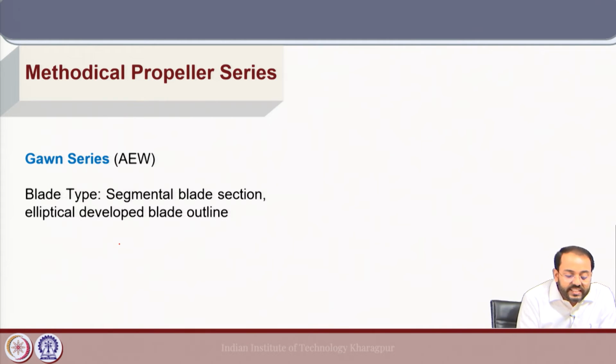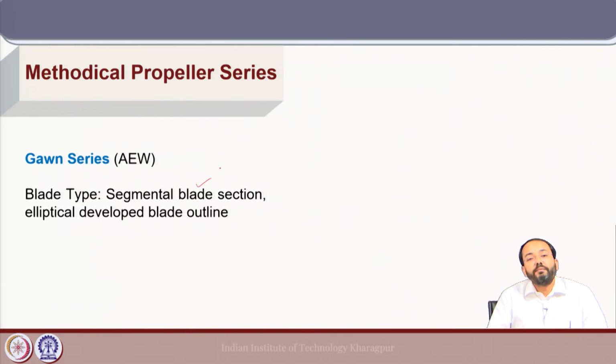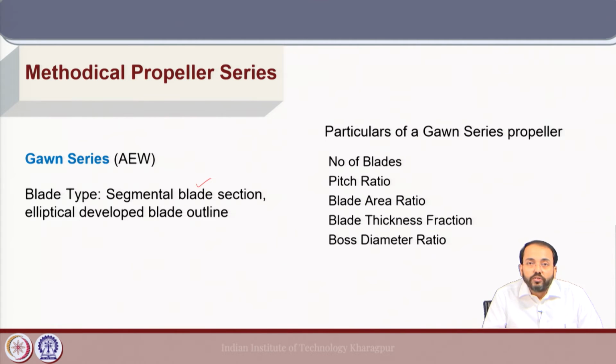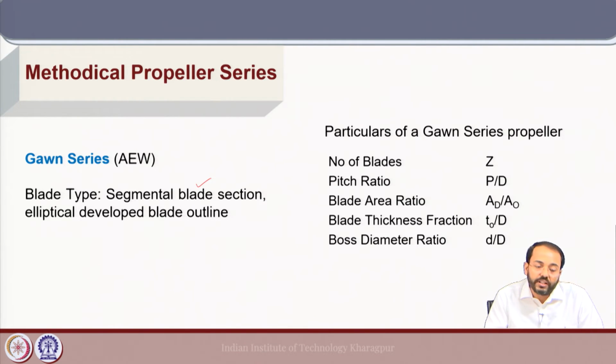So, for the Gawn series, the blade type is segmental blade section. So, the blade sections which are used are segmental in nature, which we have discussed in propeller geometry, and the developed blade outline is elliptical. So, as every series I have mentioned has certain variables which are varied, and certain parameters which are kept constant, which are specific for that series.